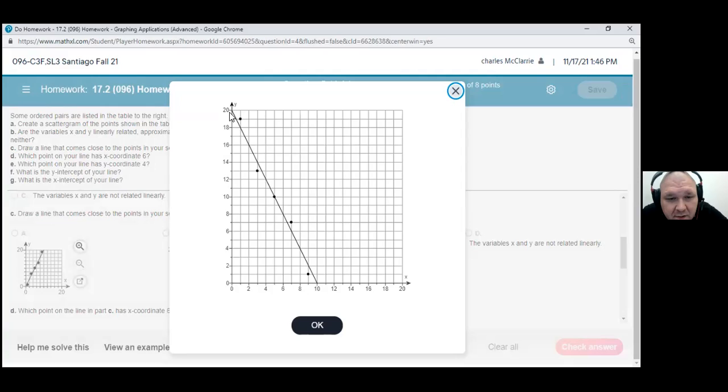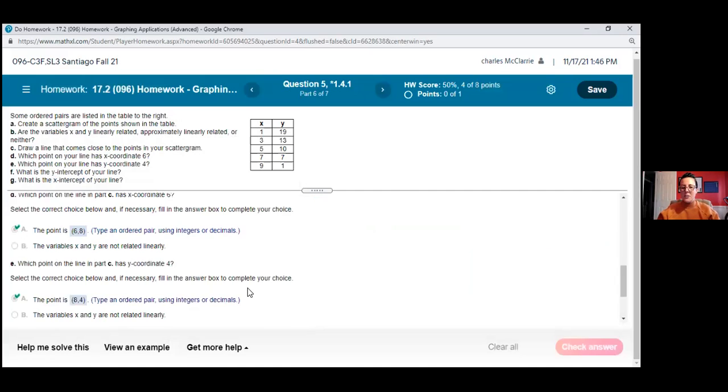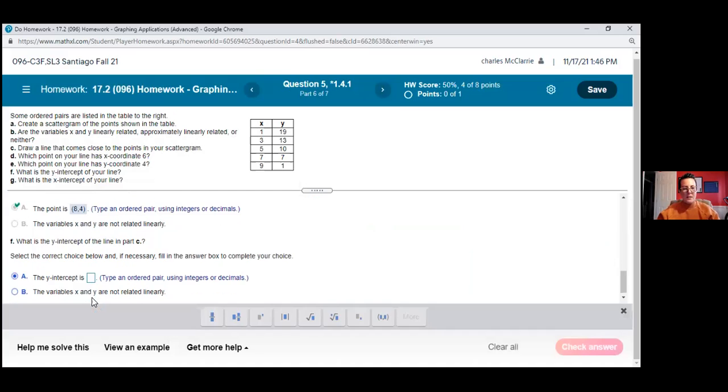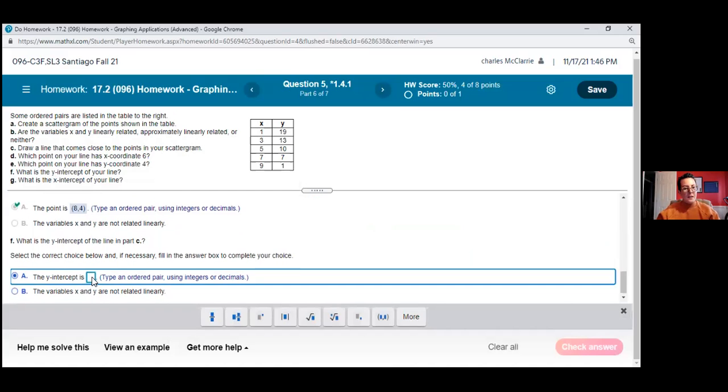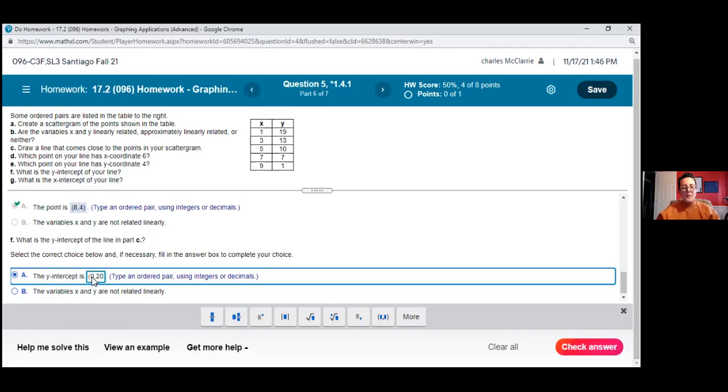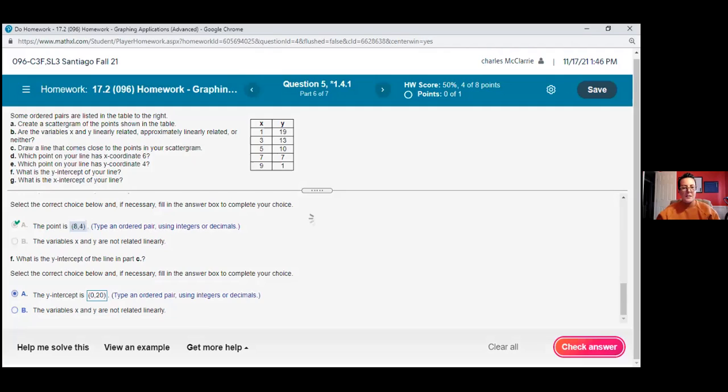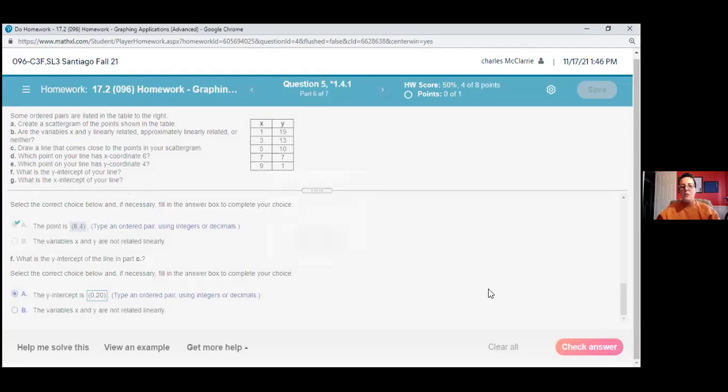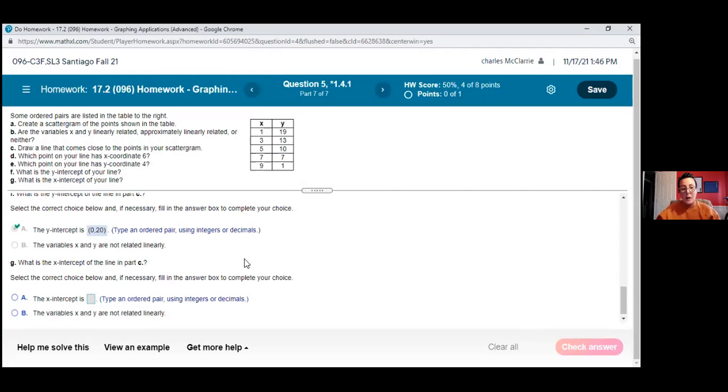It would be x 0 and then y 20. Yes, so 0, comma 20. That represents your y-intercept. Go ahead and punch that in. Perfect. Check your answer. Isn't this nice? It's definitely a review of what we've already learned, just in application form.